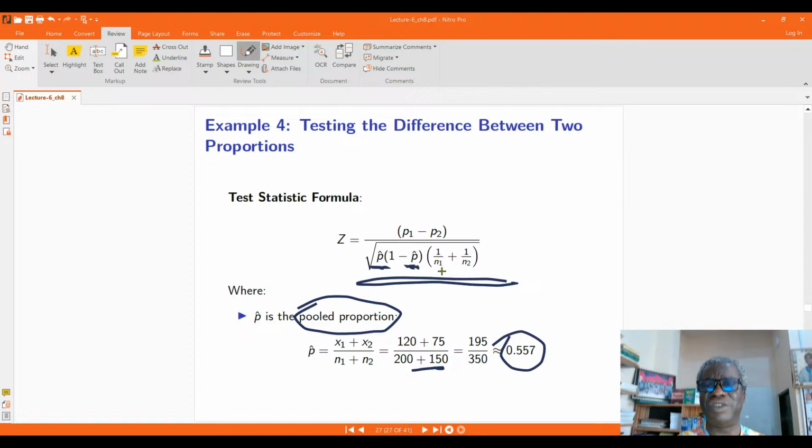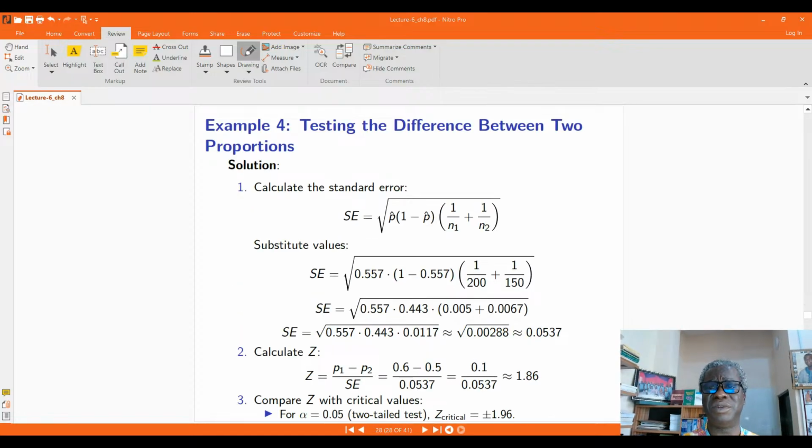And then, of course, you know the sample sizes. P1, P2 are the respective sample proportions. So the denominator gives you 0.0537. That's the standard error.